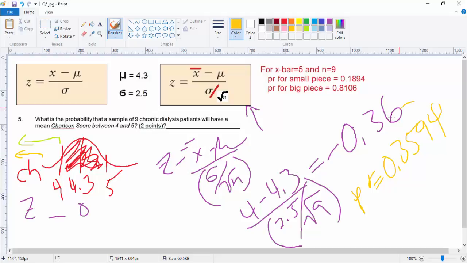So now we have this and we have this, and if we subtract 1 minus those things, so we'll go 1 minus 0.1894, also minus 0.3594.